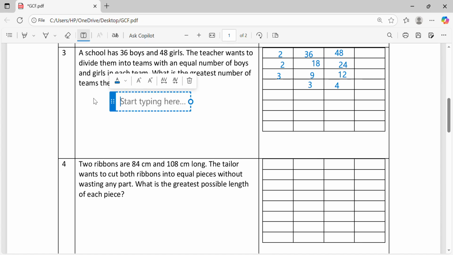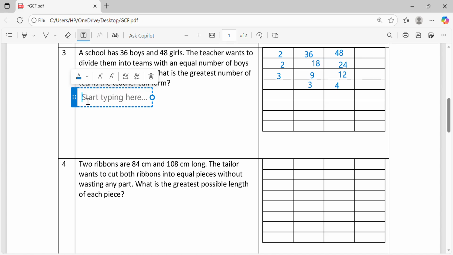So we come this side and say that the GCF, the highest common factor, or the GCF of 36 and 48 equals 2 times 2 times 3, that is 2 times 2 equals 4, 4 times 3 equals 12.